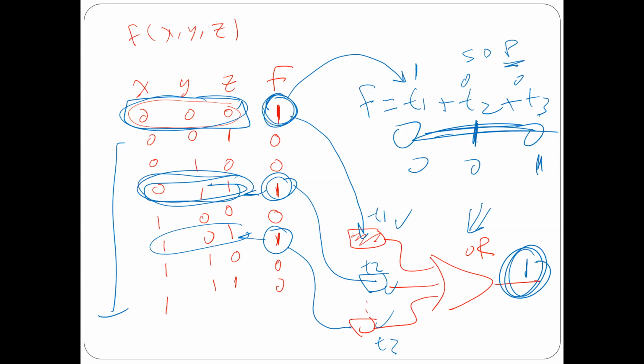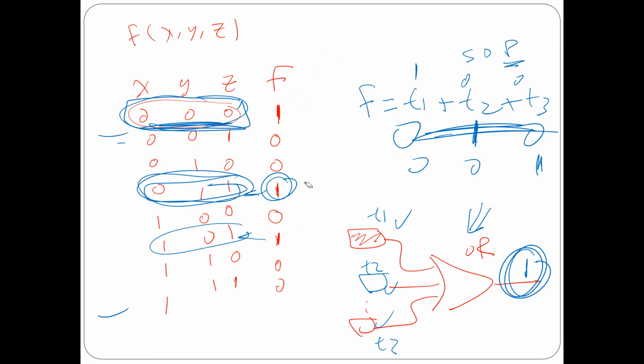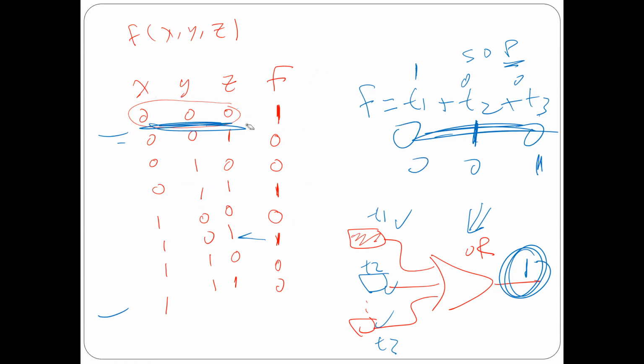So now the question is, how can I create a term here so that when this input comes, this term is going to give me 1, and it gives me 0 anywhere else, for any other input? I'm going to tell you how. Look how it works, and then think about it. For sure, I have to use AND. We agree on that, because this is sum of products.